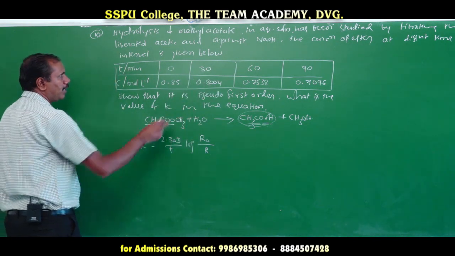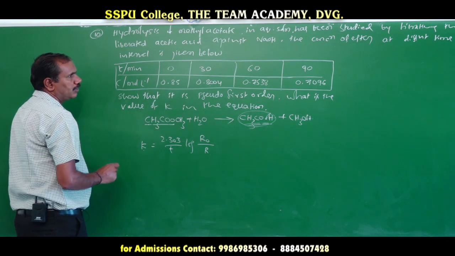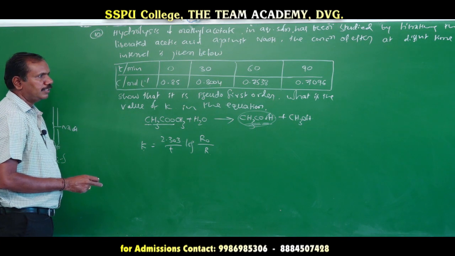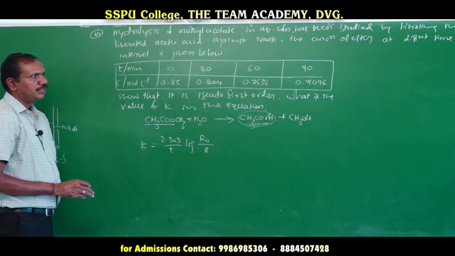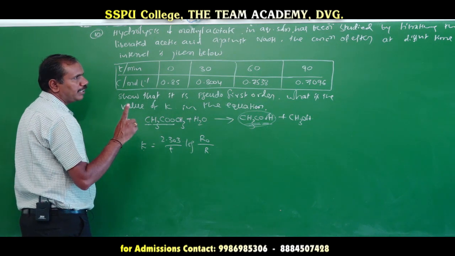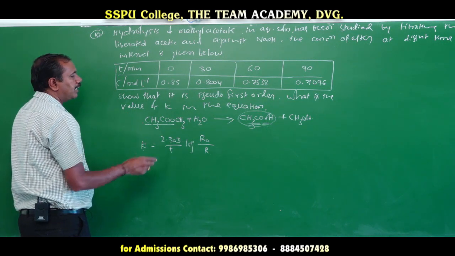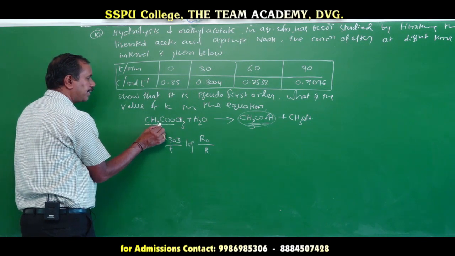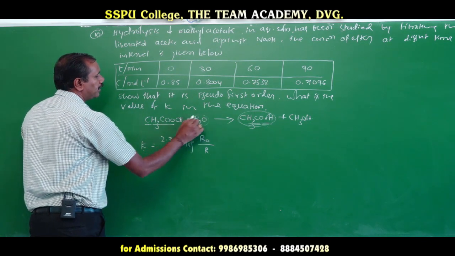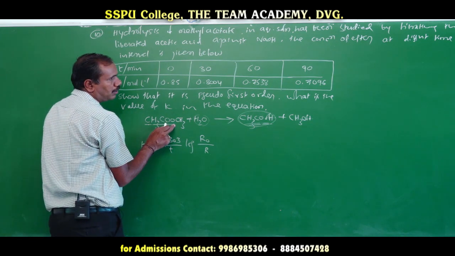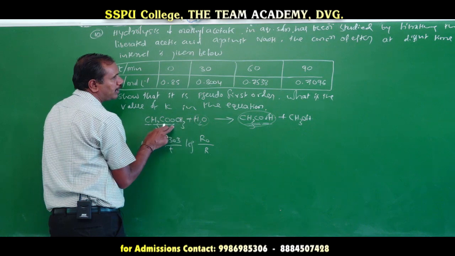If the K value remains constant at different time intervals, then it is first order. Here the number of molecules involved in the reaction is 2, but the order is 1. The reason is the velocity depends upon the methyl acetate, but it does not depend upon the water molecule. Hence it is first order. Molecularity is 2, but the order is 1.